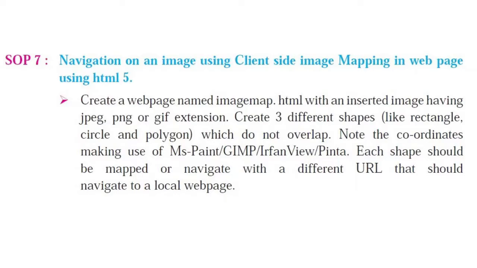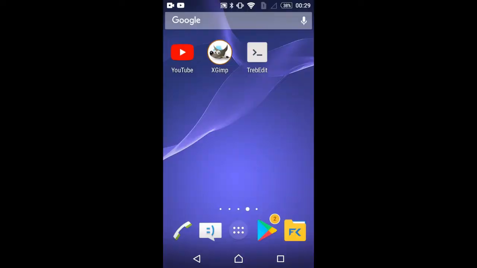And each shape should be mapped or navigated to a different URL. So we have to link those shapes to a different website. If we click on that particular region, it will lead us to a different web page. So let's start to perform this practical.